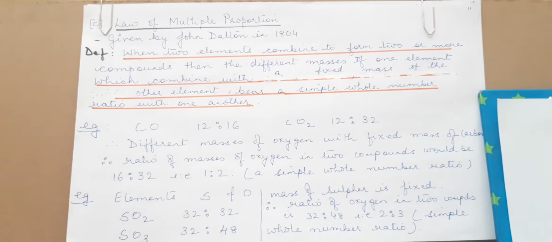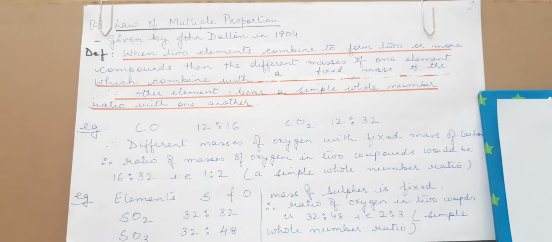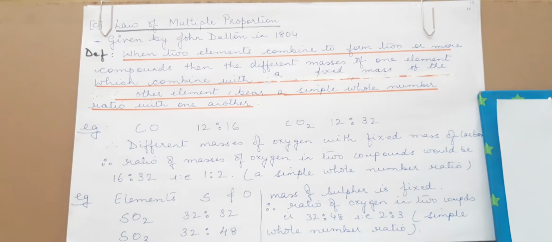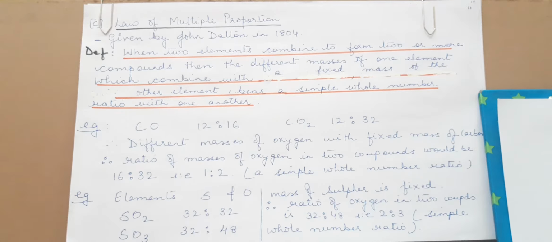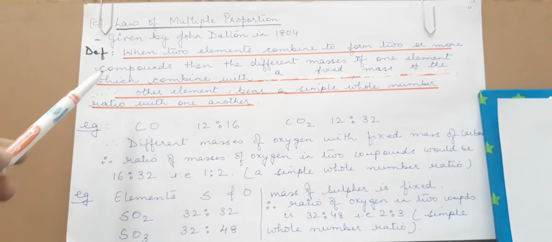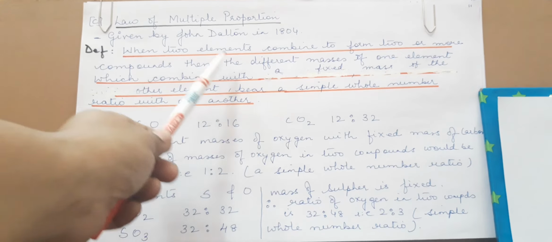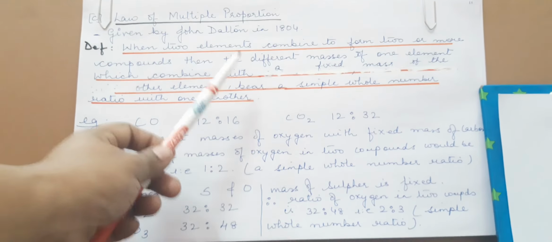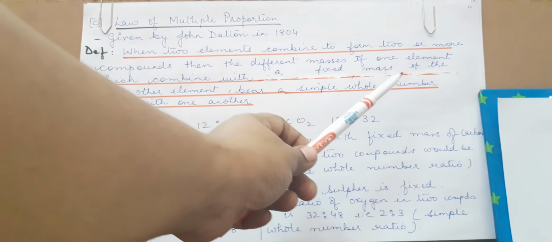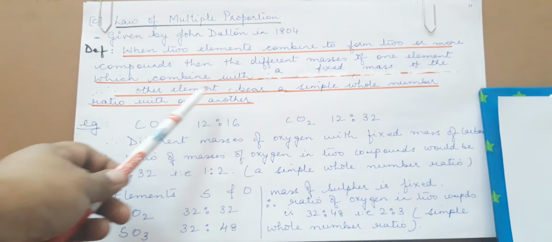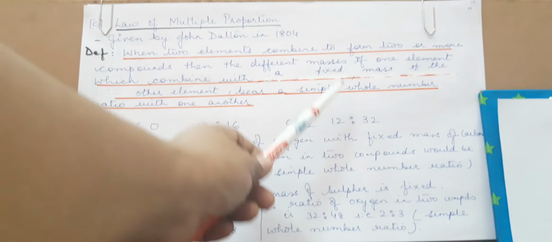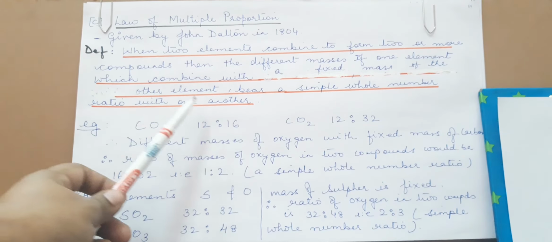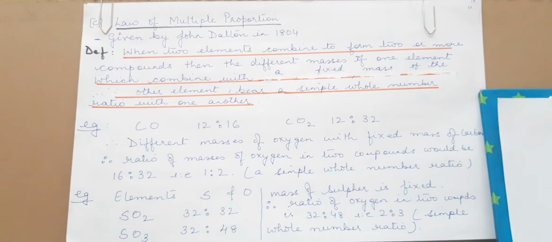So according to the law of multiple proportion, what could be the definition? What does the law state? The law states when two elements combine to form two or more compounds, then the different masses of one element, which combine with a fixed mass of the other element, bear a simple whole number ratio with one another.